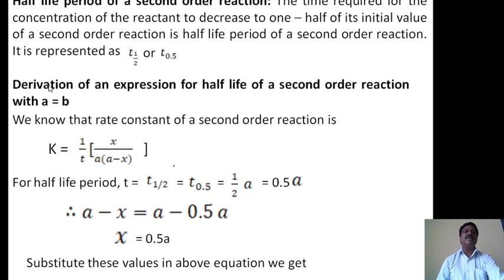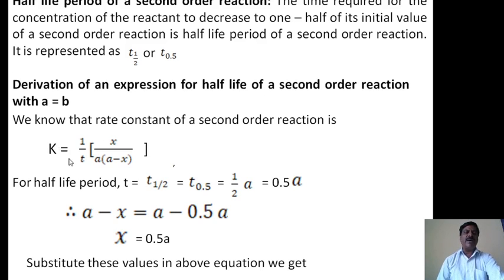Now coming to the derivation of an expression for half life period of a second order reaction with a is equal to b. We know that the rate constant of a second order reaction when a is equal to b is k is equal to 1 divided by t into x divided by a into (a minus x). This expression was derived in session 1.